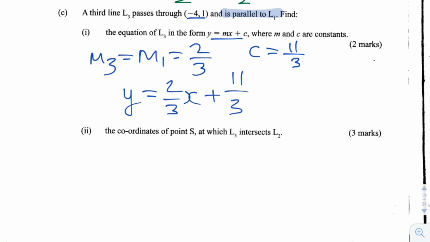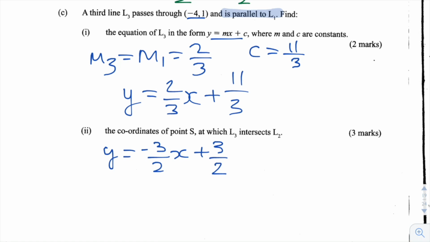The second part says find the coordinates of point S at which L3 intersects L2. So what is the equation for the line L2? The equation for the line L2 is y is equal to -3/2 x plus 3/2.